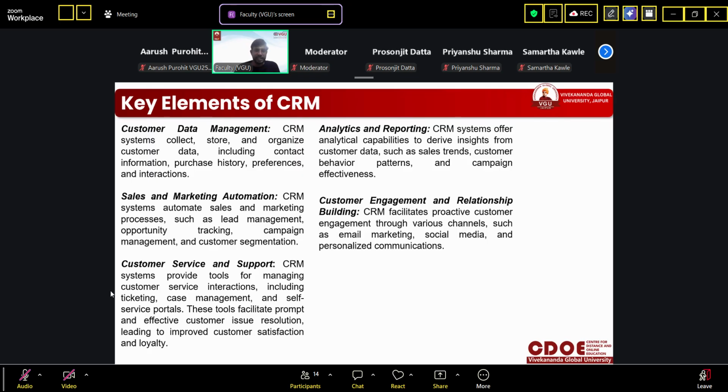In sales and marketing automation, the customer relationship management system automates sales and marketing processes because they connect directly with the customer. So how do you plan the marketing part? To touch the customer space, sales and marketing is part of your CRM.